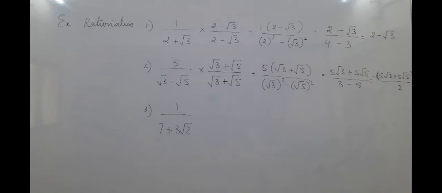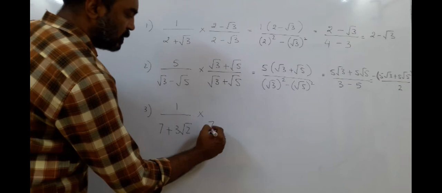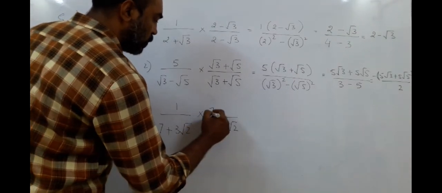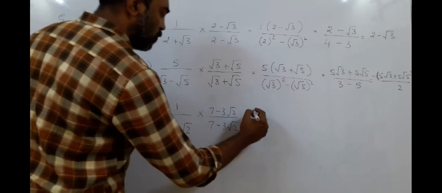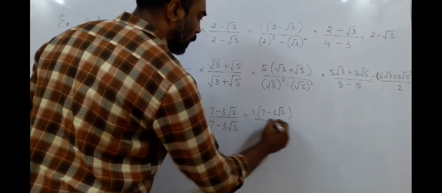Now in the same way, the third example of the same kind. Yes. And you have now guessed what is the rationalizing factor? 7 plus 3 root 2 means 7 minus 3 root 2. So multiplying the same thing on the top, numerator. So we have 1 into 7 minus 3 root 2 upon.